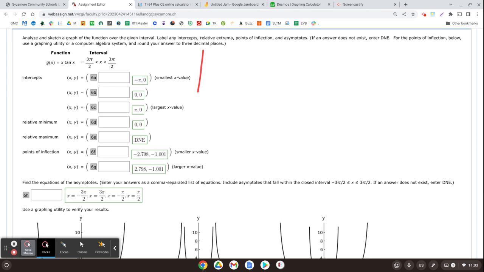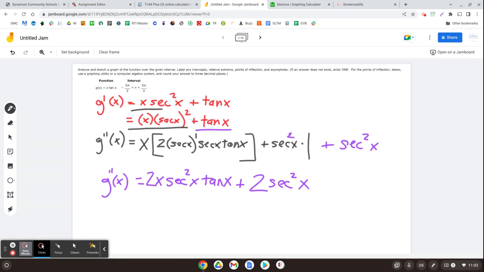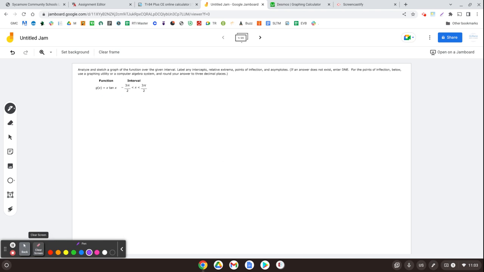Okay. So finally, where are the asymptotes? Well, again, to find those, I need to go back to my original equation. And I need to find out, where is the original equation undefined? Well, it comes down to what's the tangent of x? It's x times sine of x over cosine of x.